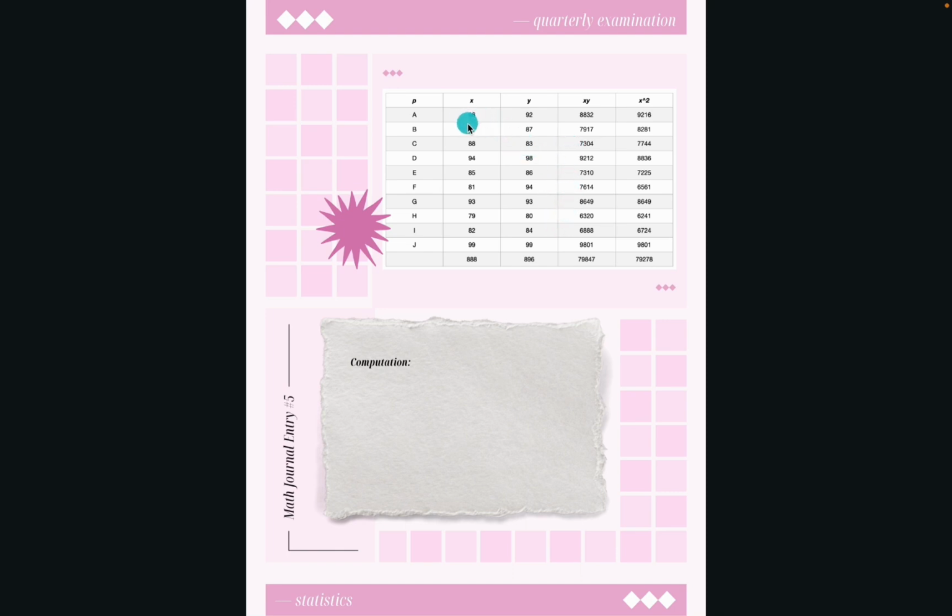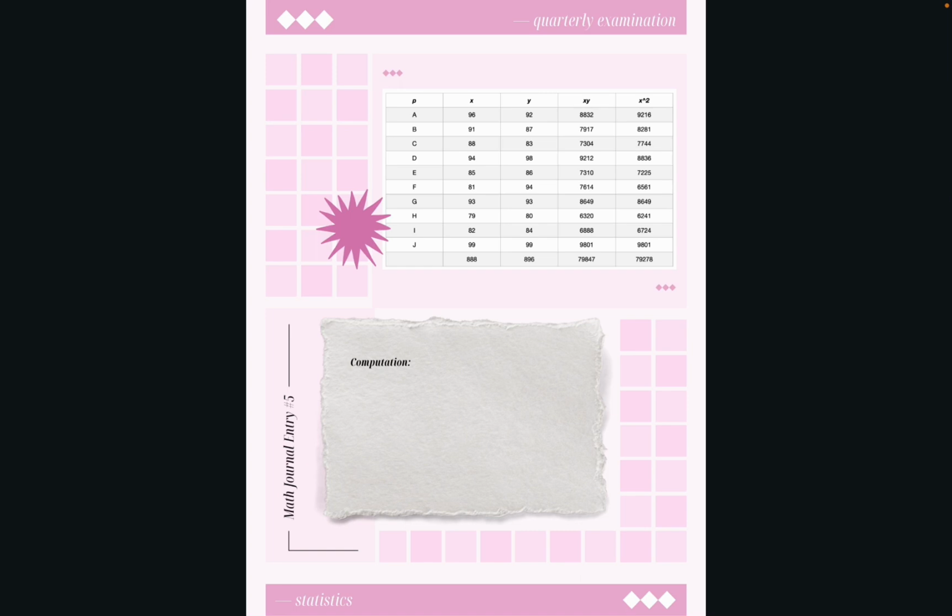And I squared the x to get x squared: 96 squared is 9,216, 91 squared is 8,281, 88 squared is 7,744, and so on. And get the summations. Summation of x is 888, summation of y is 896, summation of xy is 79,847, summation of x squared is 79,270.